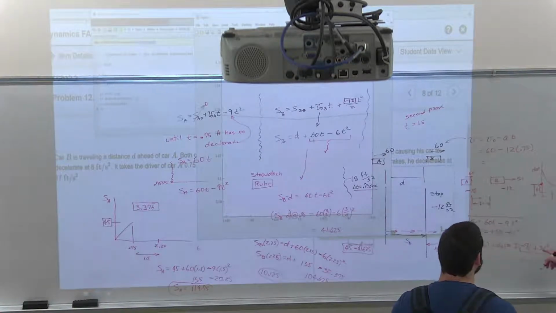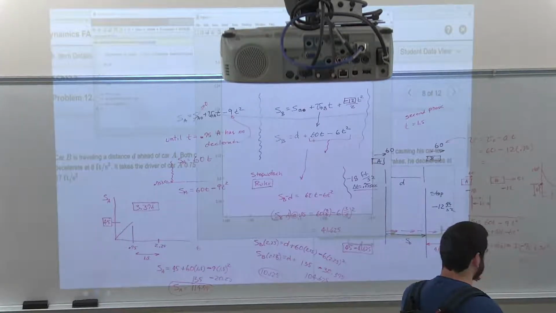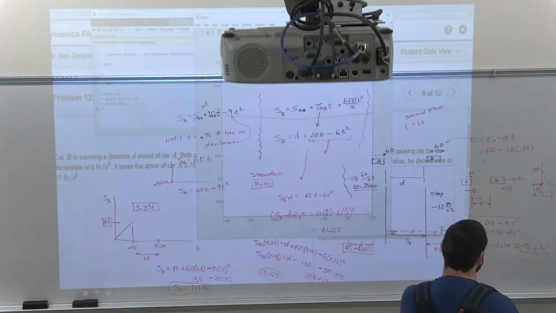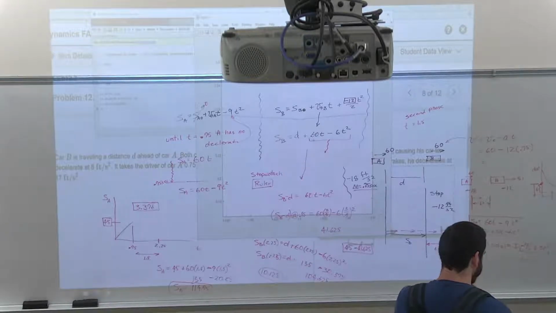Okay, so let's take a derivative of that thing. I'd get a minus 9, plus 6t. If you set that equal to 0 and move that to the other side, 6t equals 9, t equals 9/6.